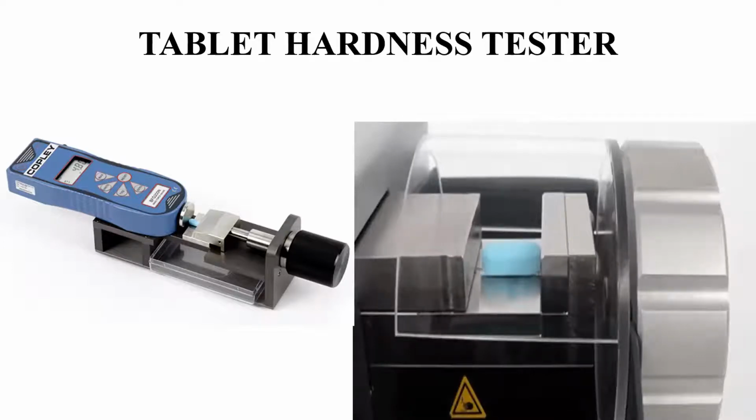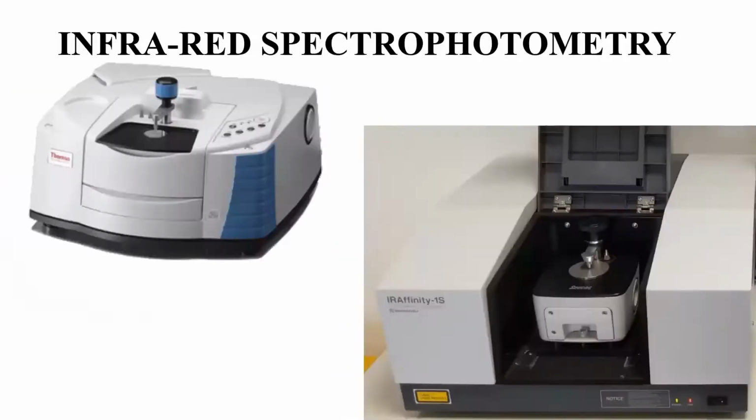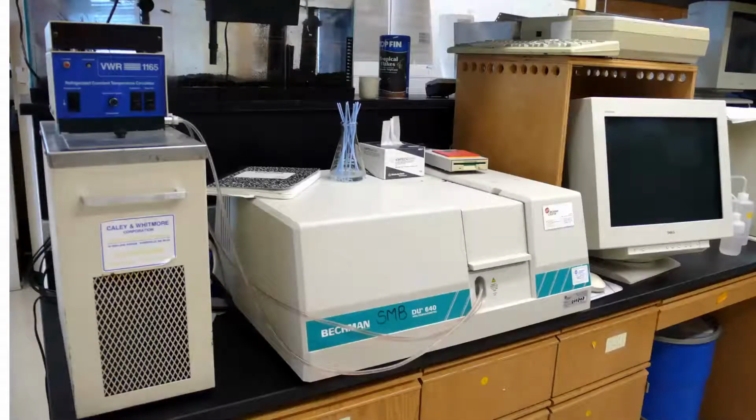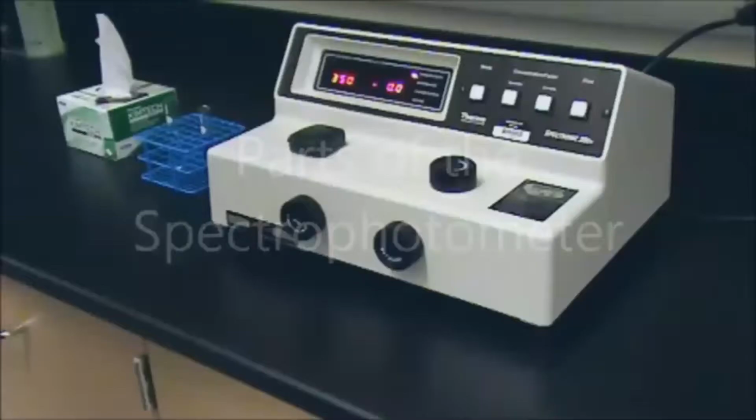Here it is, you can see. And this is the TOC analyzer. This is IR spectrophotometry. Here is a picture of the whole spectrophotometry. This is UV visible. You are using this type of equipment.